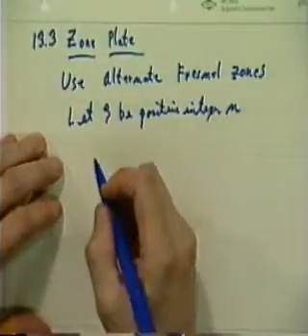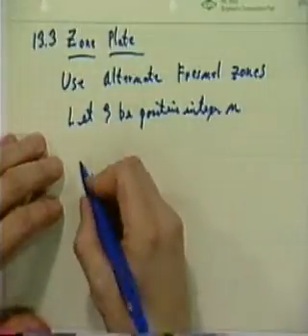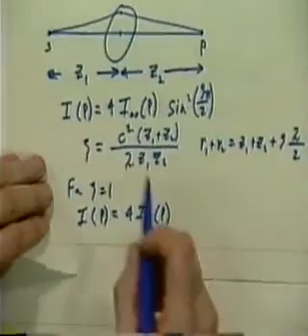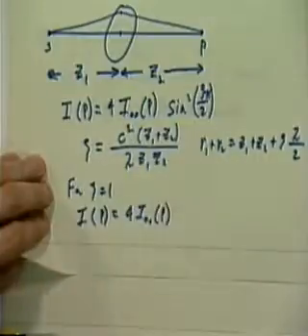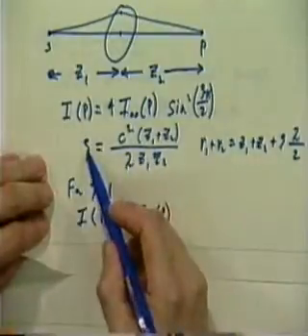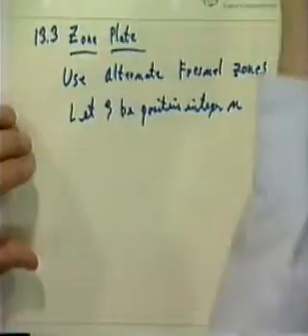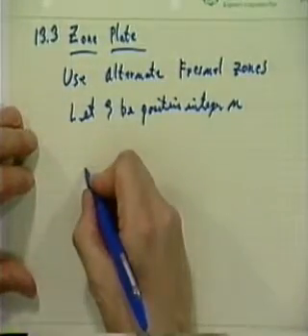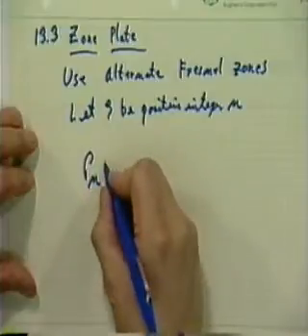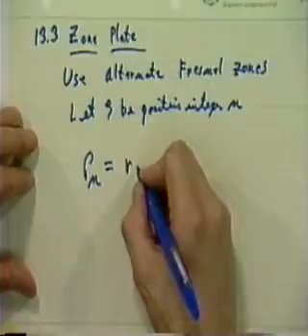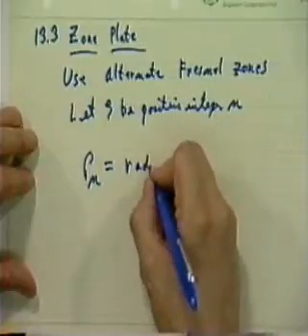Then we would have, and so going back here, so we had this equation that we had for squiggle, and we're going to let that be an integer n. And we're going to go back and solve for c. Except now I'm going to call it rho, and in fact I'm going to call it rho sub n. So this is the radius of the nth Fresnel zone.